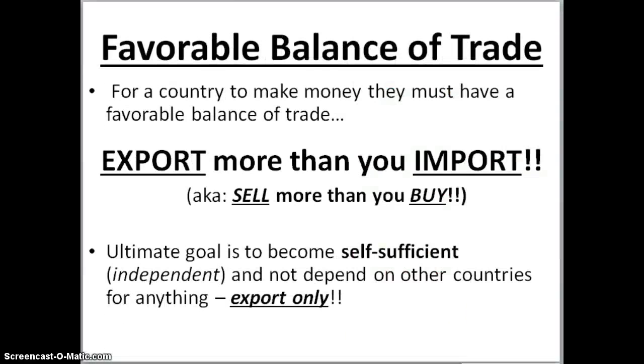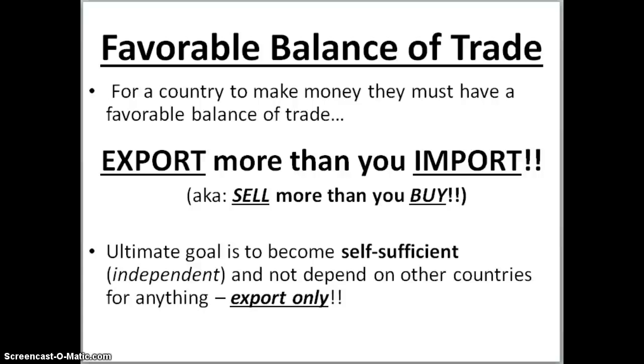One last term we need to discuss is called a favorable balance of trade. So for a country to make money, they must have a favorable balance of trade. What does this mean? It means that you have to export more goods than you import, meaning you need to sell more goods than you buy.